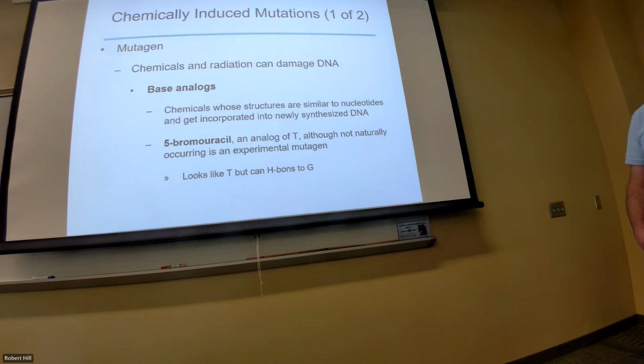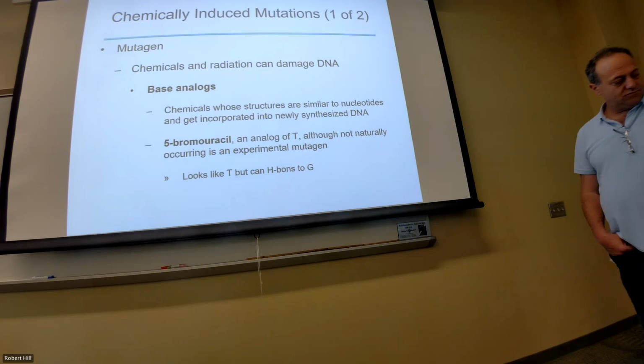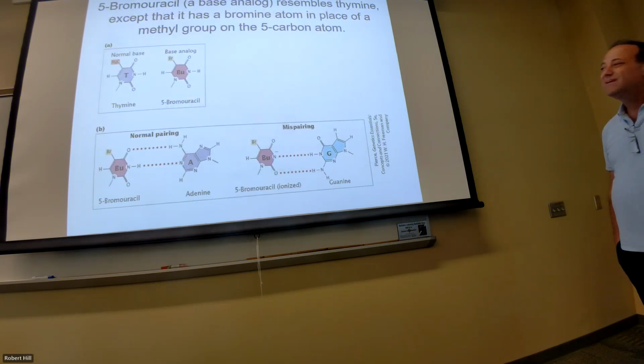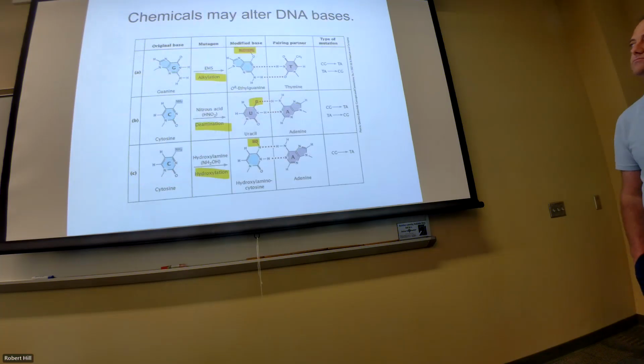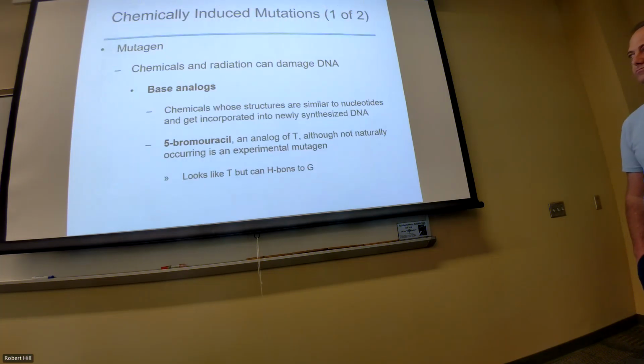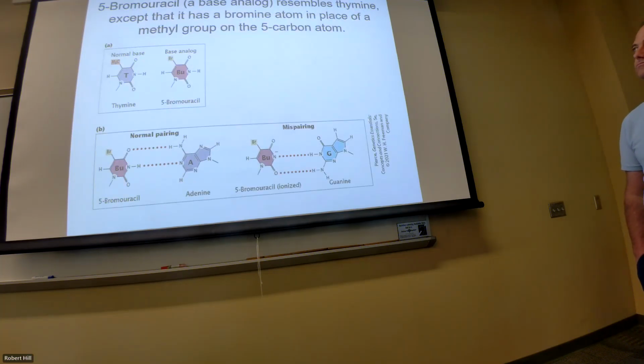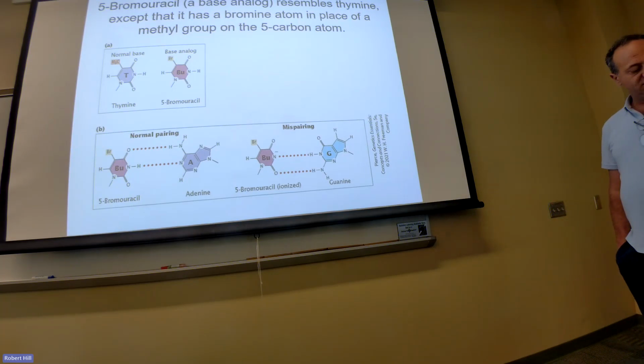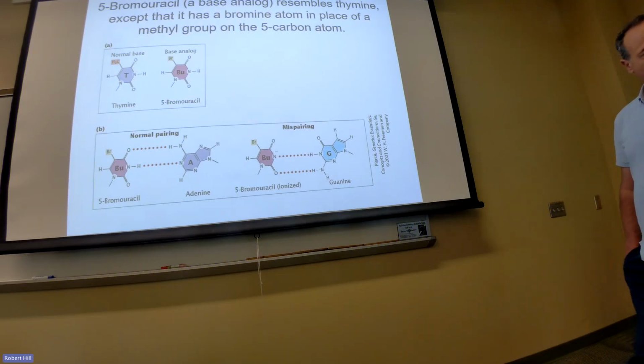Okay. So not only is it an analog of T, but it can hydrogen bond to G. So this isn't a typical U molecule. It's called 5-bromouracil. You're not going to get natural bromination in the forest or in our cells.